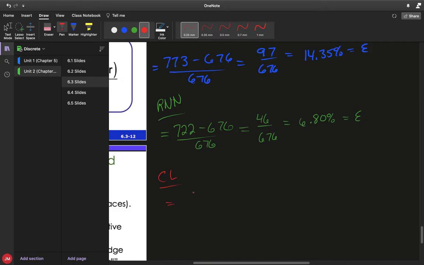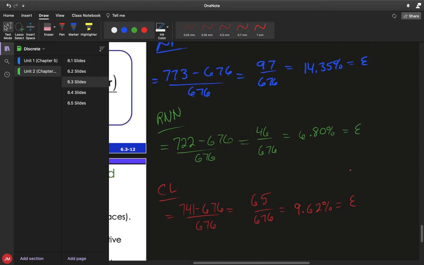So when we calculate relative error, we're going to take the cost of that tour, which was $741, minus $676, which again was the optimal tour that we found using brute force, and then divide that by 676, which 741 minus 676 is 65 out of 676, which gives us a relative error of about 9.62%.